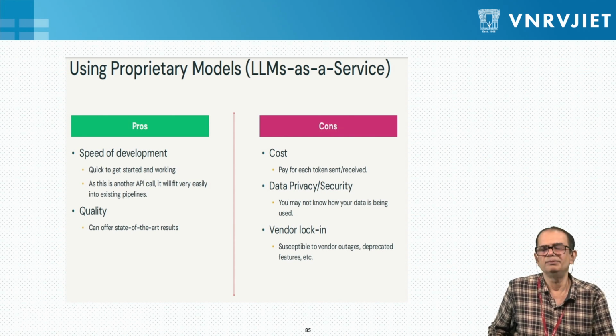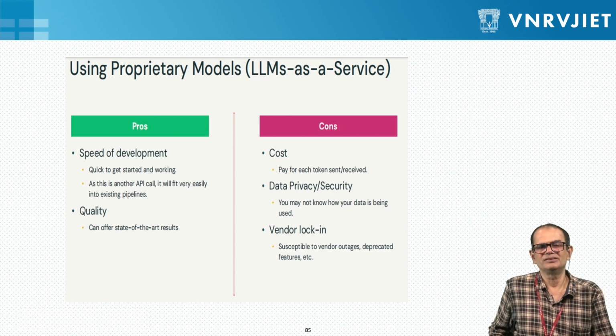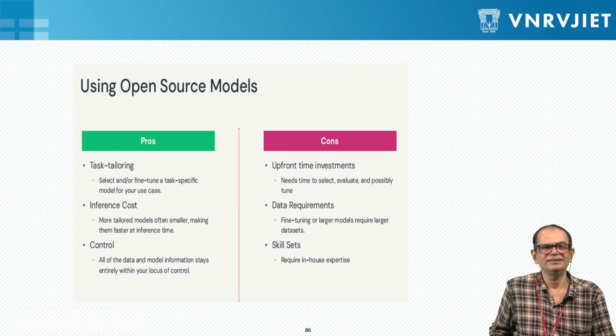The con is basically the cost. Today everybody is looking at cost and trying to reduce it, so LLMs purchased from any of the companies come at a good cost. These are some of the pros and cons.